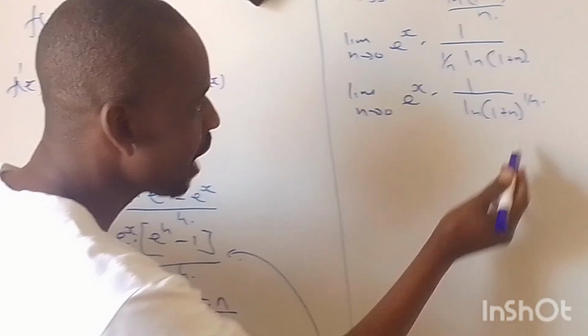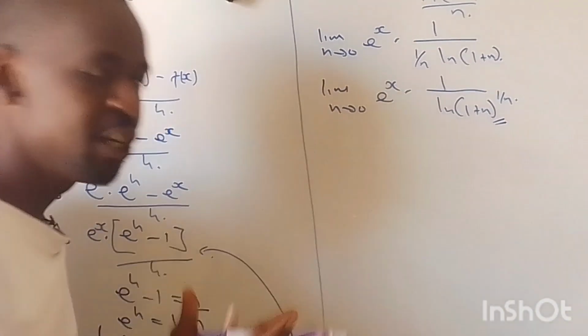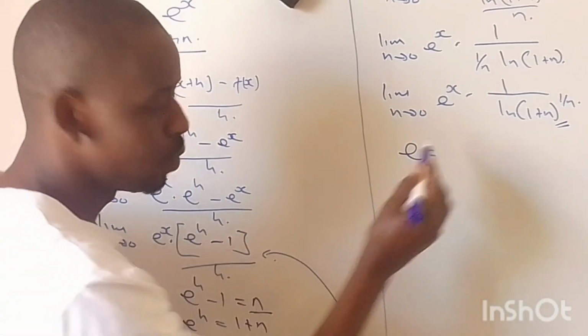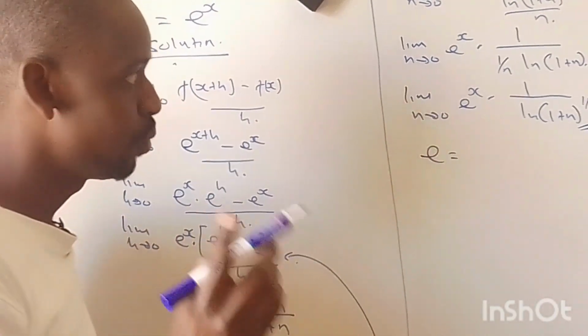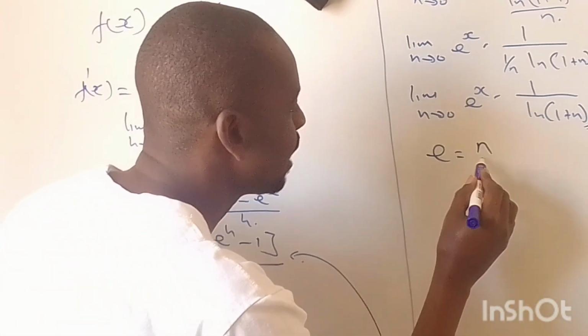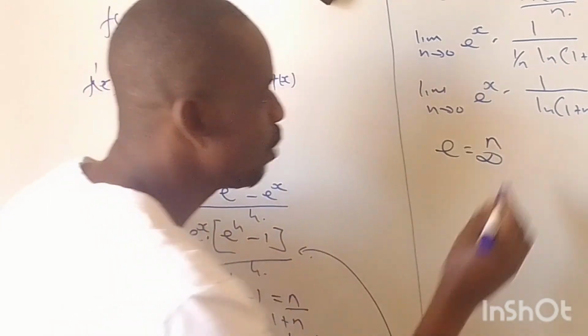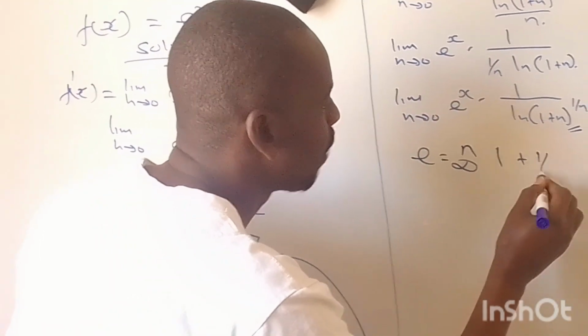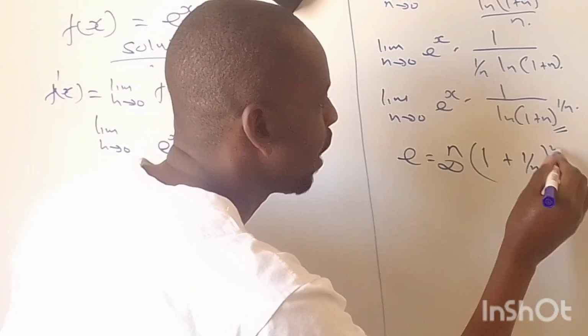Now, I want to talk about the definition of e. Here we have two definitions of e. e is equal to, as n tends to infinity, (1 + 1/n) raised to n.